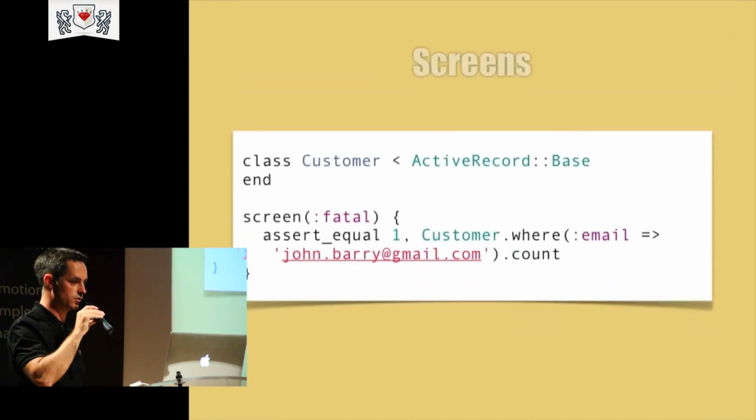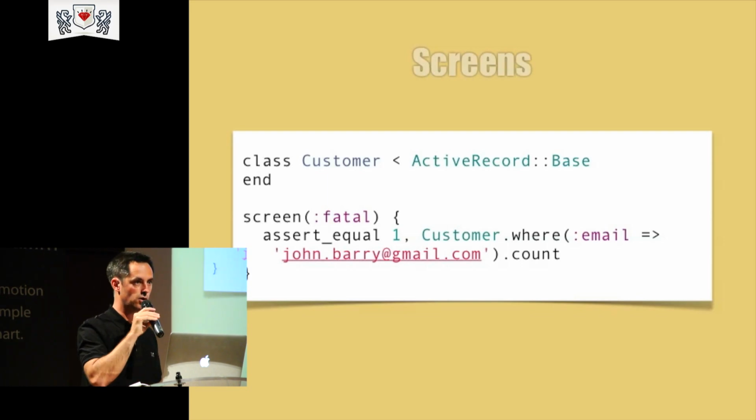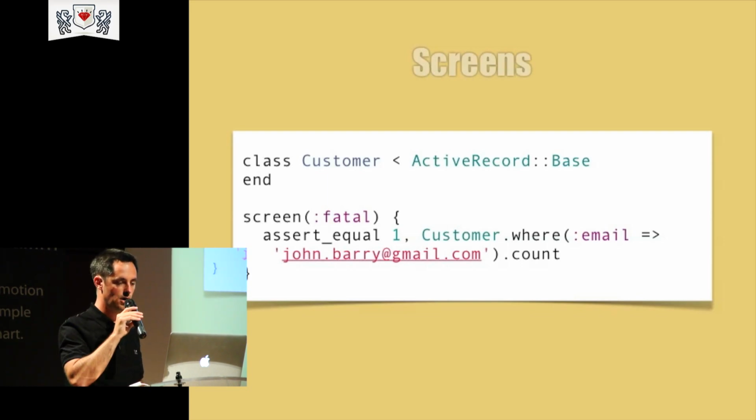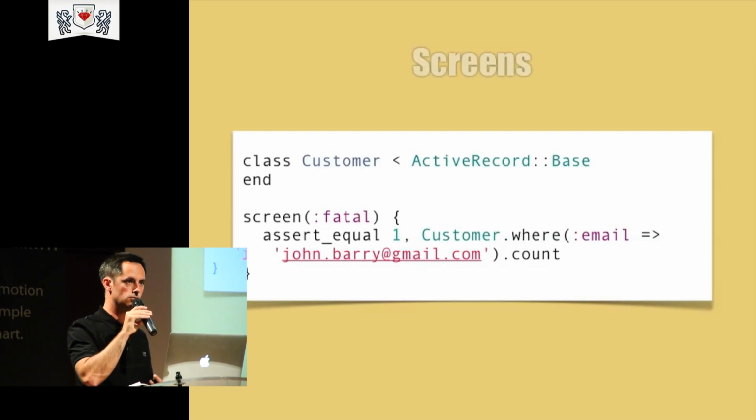And then to show you, we can use arbitrary Ruby in the middle of the script. I can declare a customer active record, then use it. And the screen is another construct which will let you make checks.